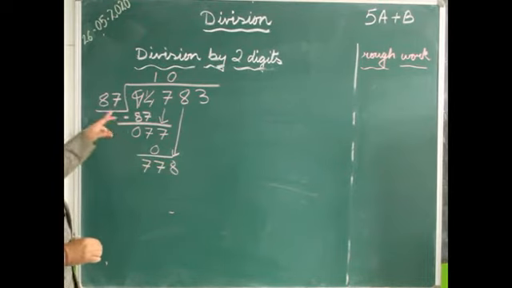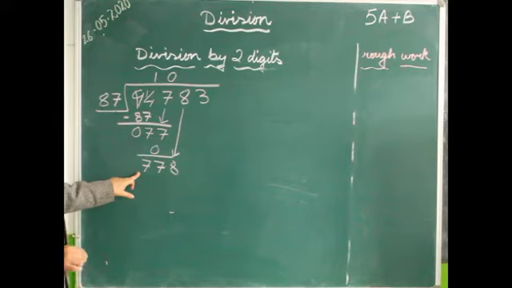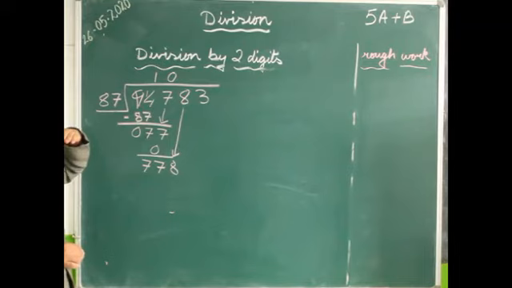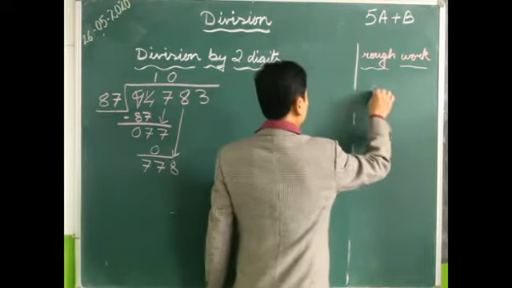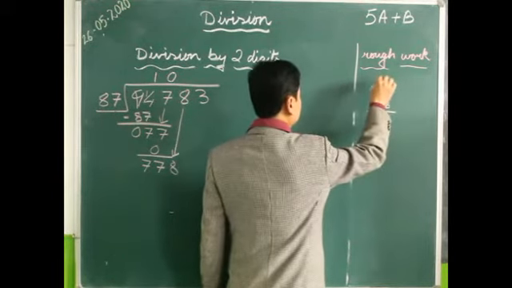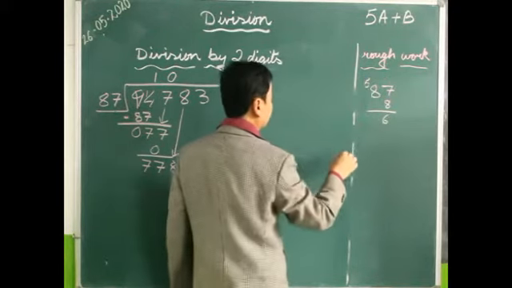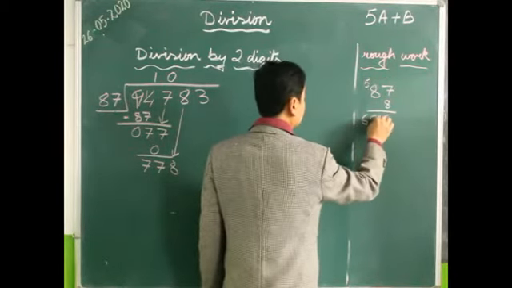Let's use that trick again. 8 is bigger than 7, so we use 2 digits. 8 will go into 77 how many times? 8 nines are 72. So let's bring one number now. Let's not use 9, let's use 8. 87 times 8: 8 sevens are 56, 8 eights are 64 plus 5, 69.